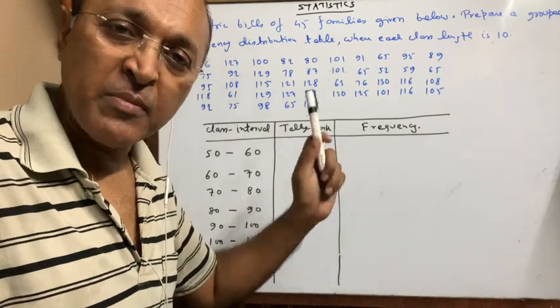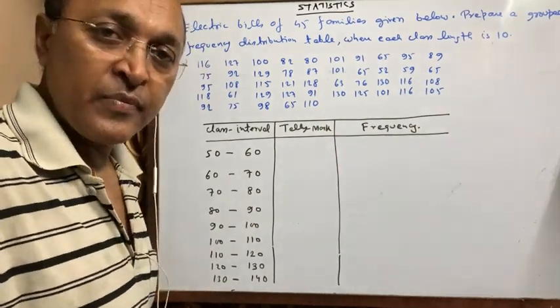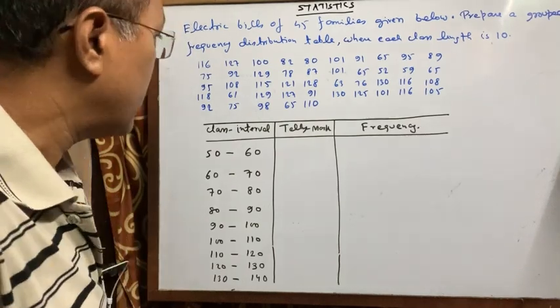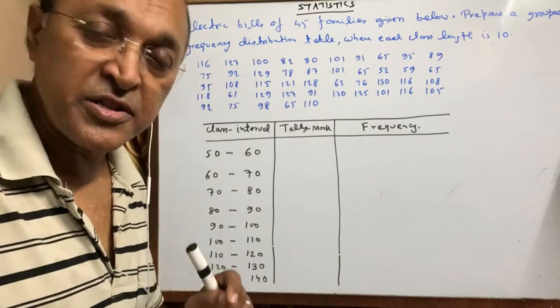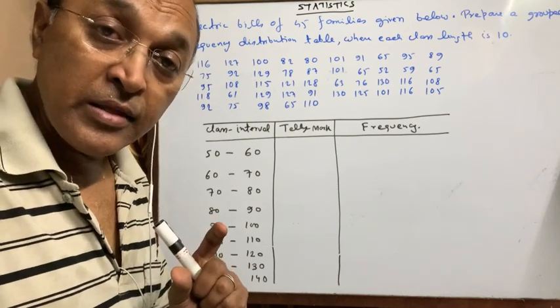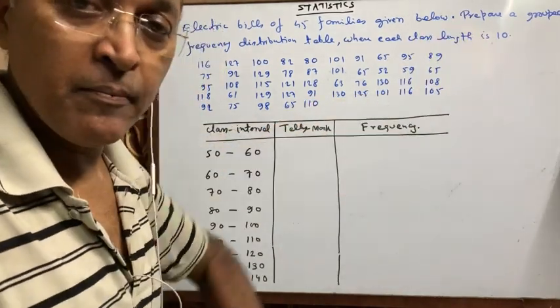These are called primary data. From this primary data, we have to find the class intervals where the class range will be regular.